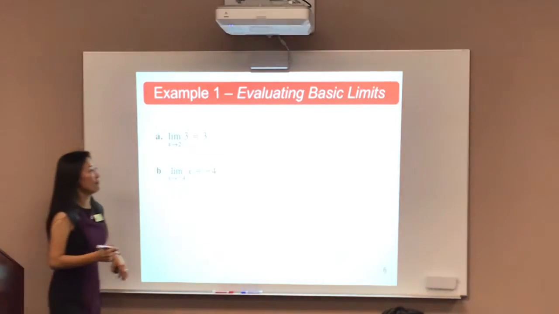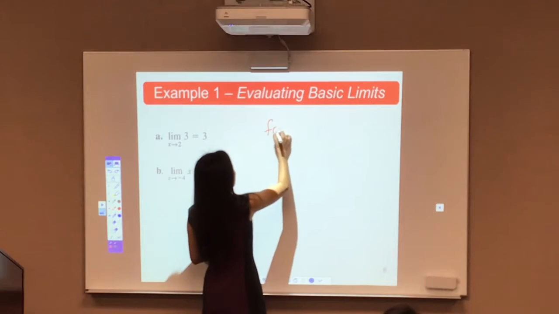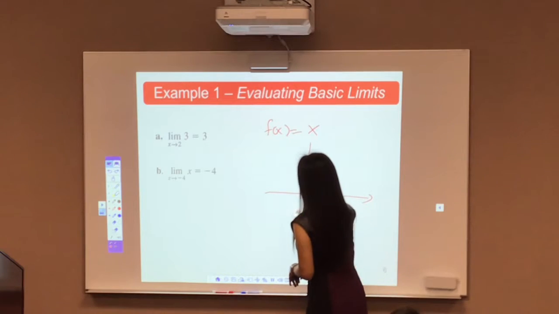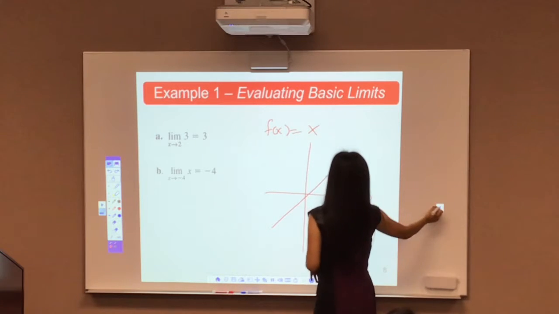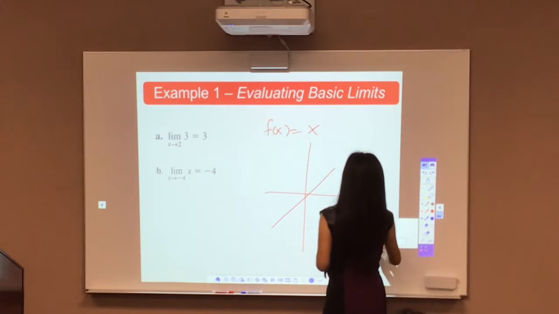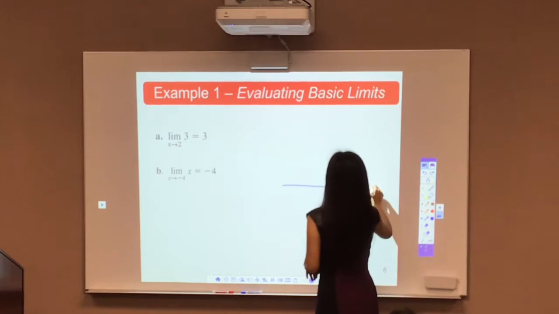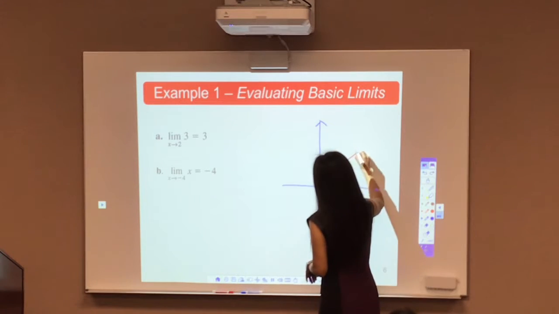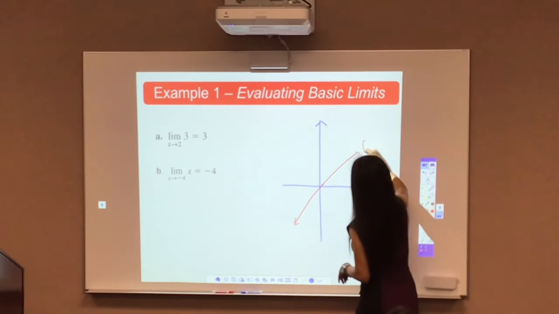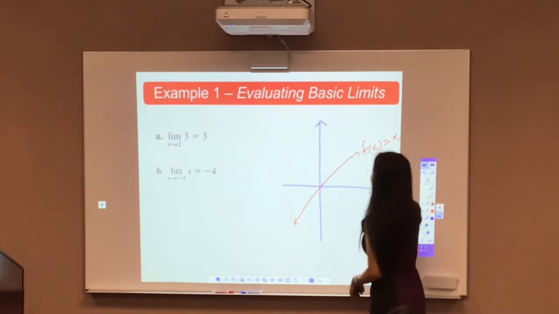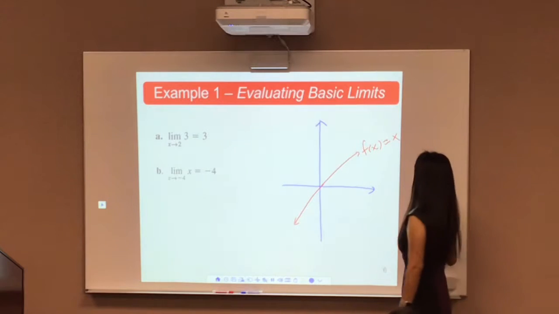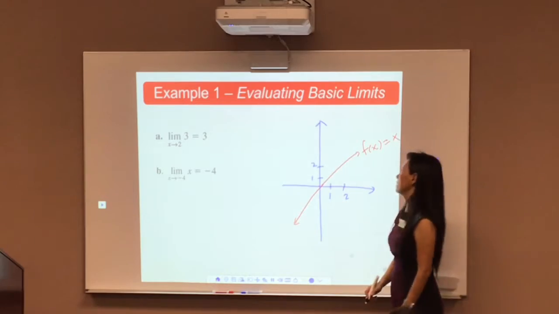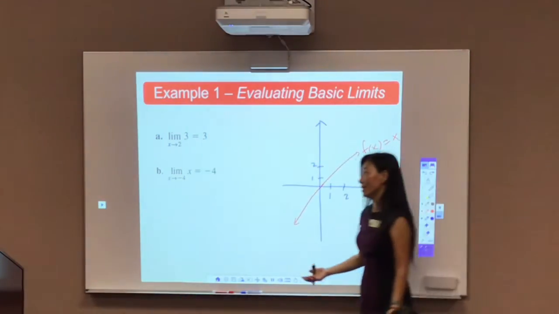F of x is my function. My function is f of x equals x. So what does my graph look like? That's what my graph looks like, right? So what's my limit?